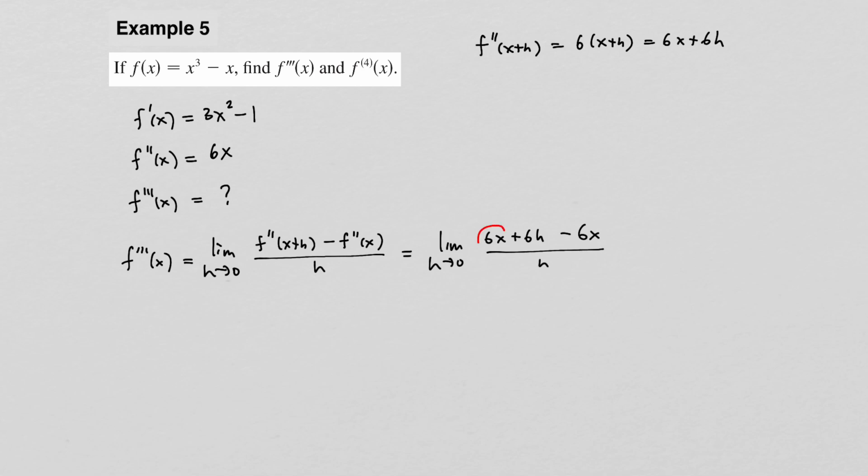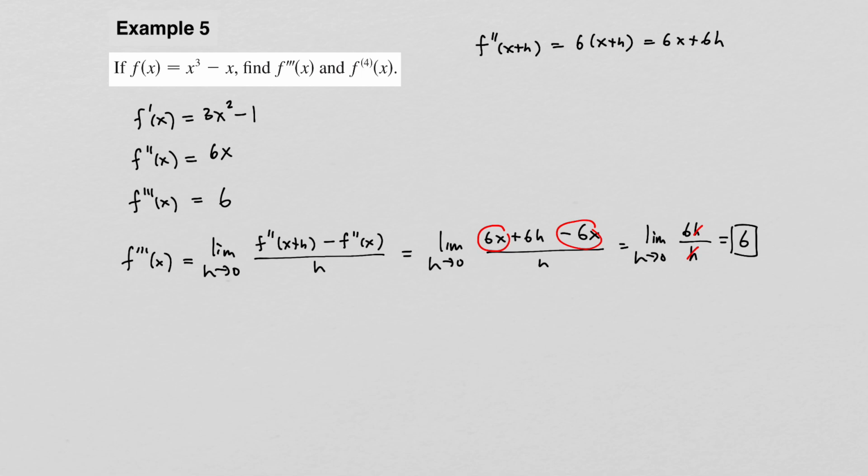And you see that it gets really simple to simplify these. Those are going to cancel out, and we get the limit as h goes to 0 of 6h over h. And now the h's cancel out. And then this just becomes the limit of a constant, which is a constant. So we know our third derivative is just 6.